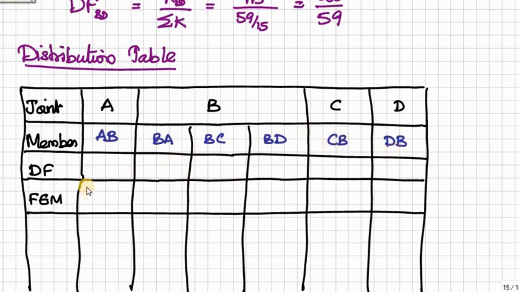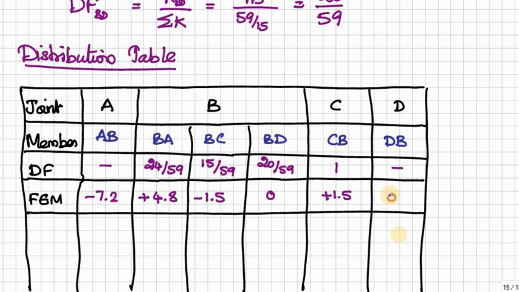Now we have to fill in the distribution factors already found for joint B and the fixed end moments. The distribution factor for a simply supported, hinged or roller end is 1, because whatever moment we have, we have to balance it.